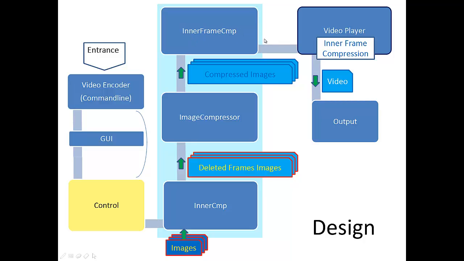This class is contained in the video encoder, and it would add frames to the deleted frame images so that the images would seem perfect even after deleting frames and compression. And then after that, the video player renders the video to the screen.